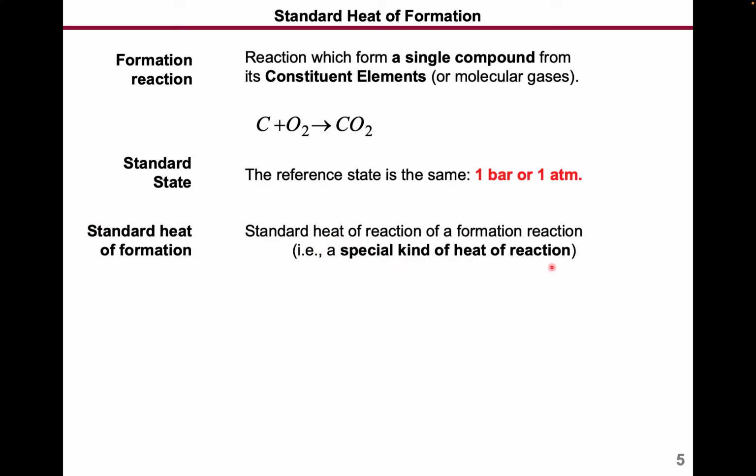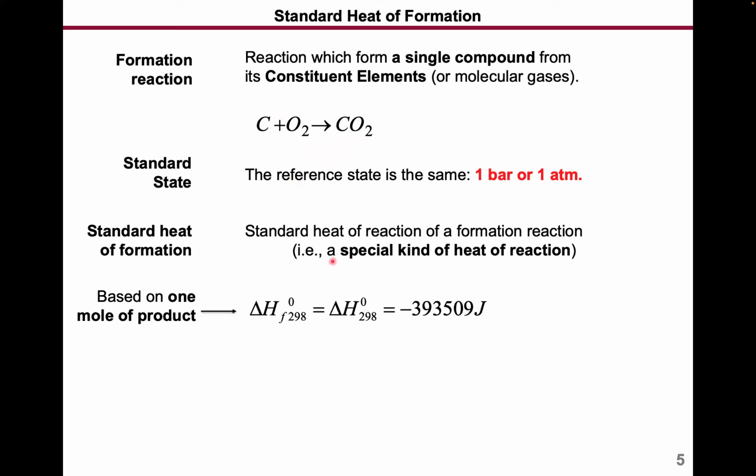It requires your reactants to be either elements or molecular gases. The reason we want those is because we can assign the enthalpies for these elements and molecular gases to be zero, right? And then you can figure out the changing enthalpy and get the standard heat of formation, okay?